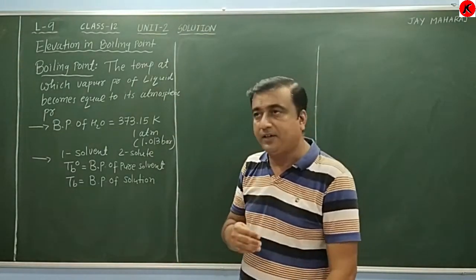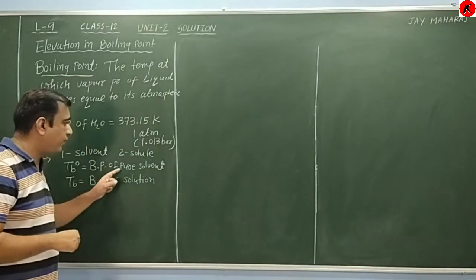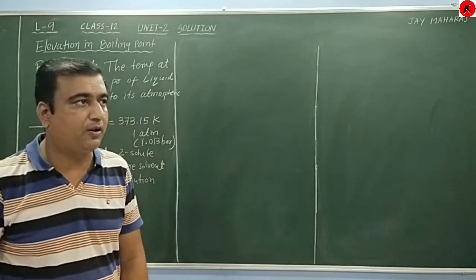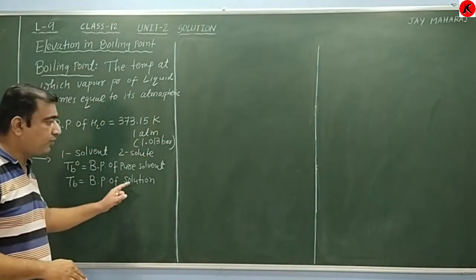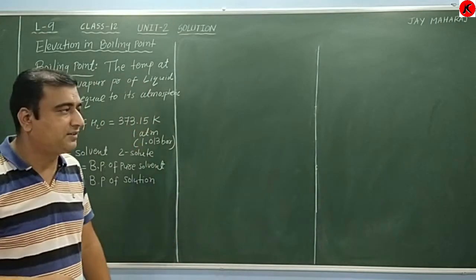Why does the boiling point increase? Because we know very well that the vapor pressure of the pure solvent is always higher compared to the vapor pressure of the solution.